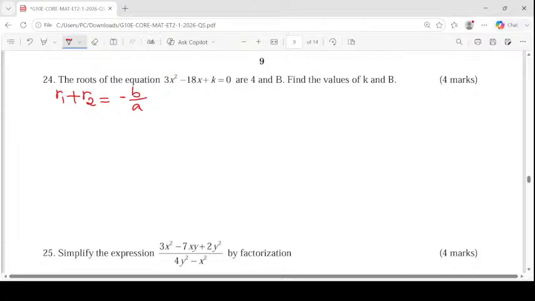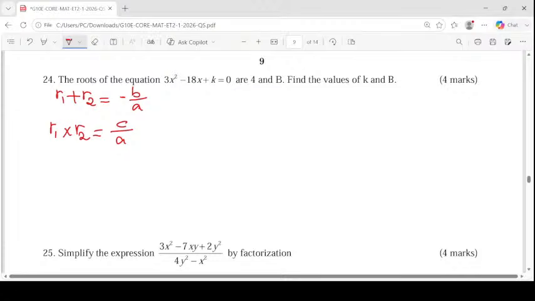Then when I take the product of the roots, root 1 multiplied by root 2, I should be getting c over a.